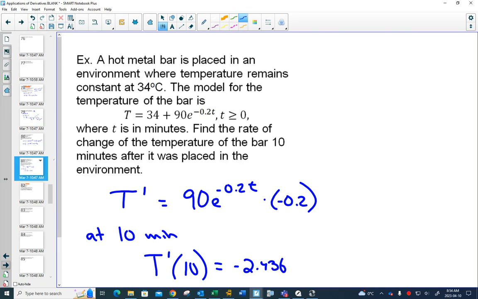And our units here are degrees per minute. So it's going down about 2.5 degrees per minute.